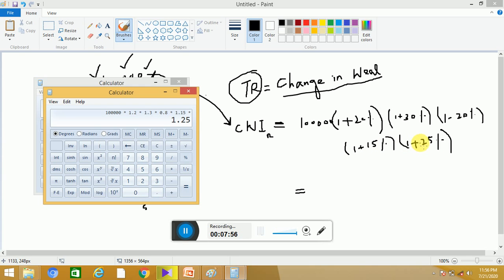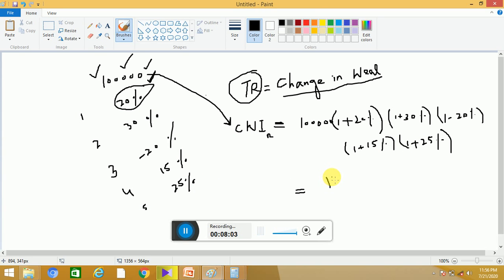I am multiplying all these values with 1 lakh. So we are getting 1,79,400.